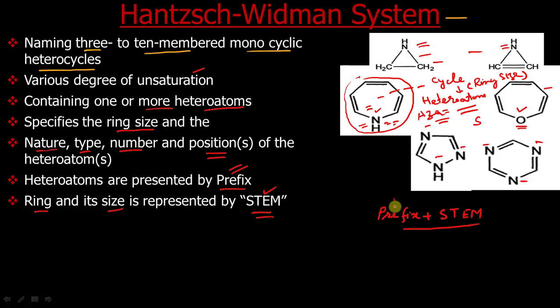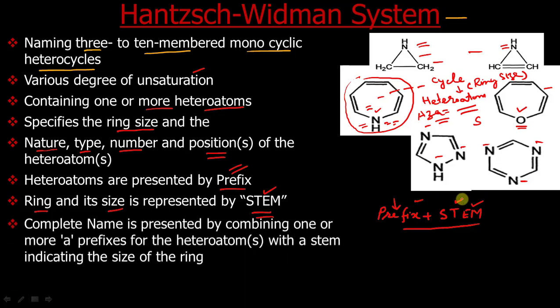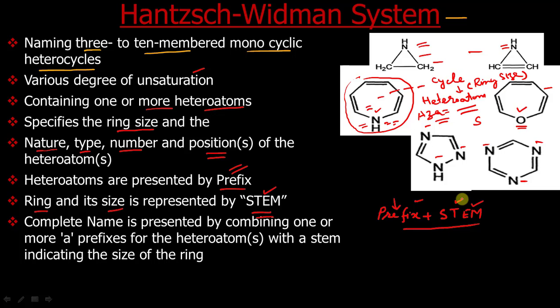Now the prefix indicates the heteroatom. The stem is used for the ring size. The combination of these two will give you the complete name of a heterocyclic compound. As I have already said, the complete name is presented by combining one or more prefixes for the heteroatom with a stem indicating the size of the ring. So the prefix tells us about the nature of the heteroatom, whereas the stem tells us about the ring size.